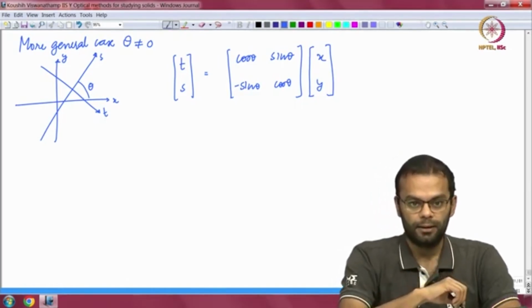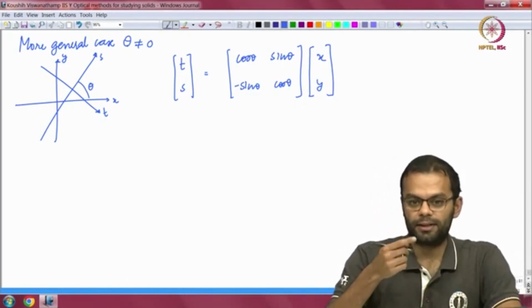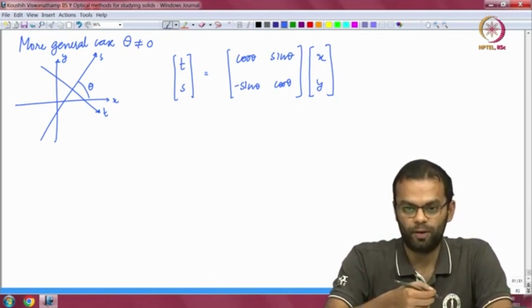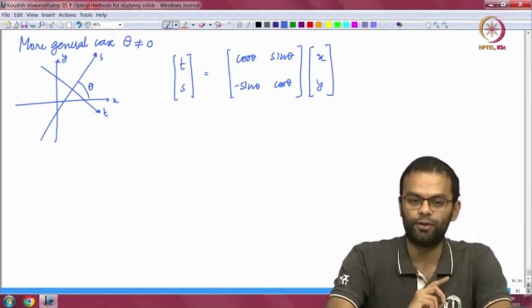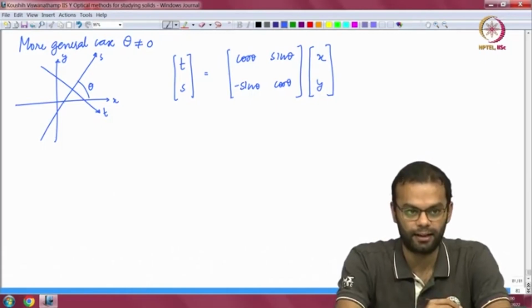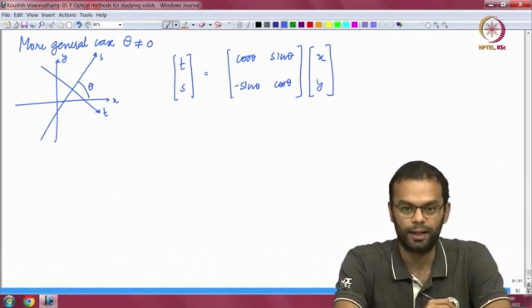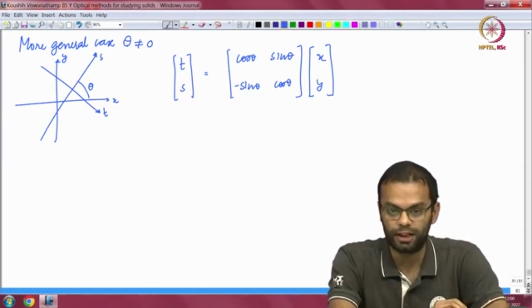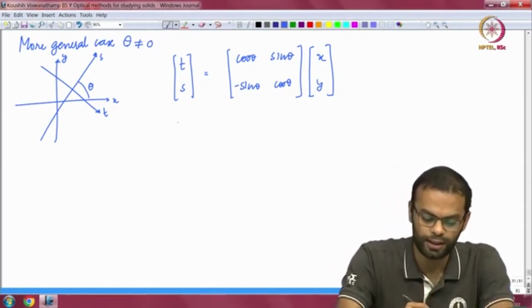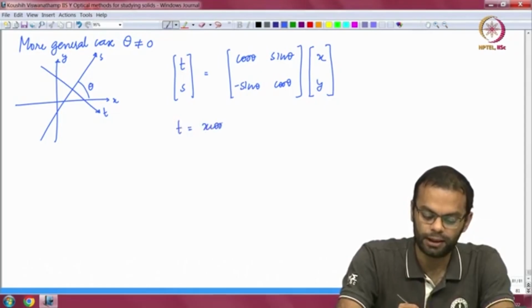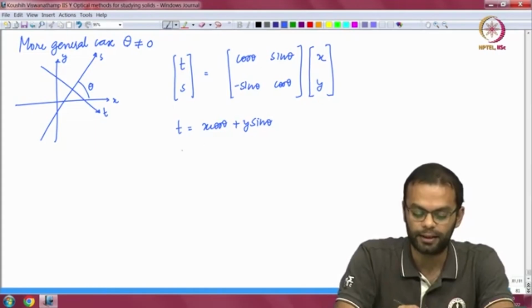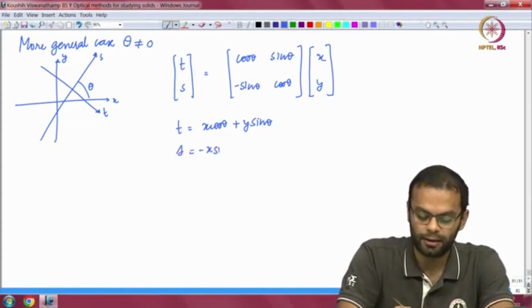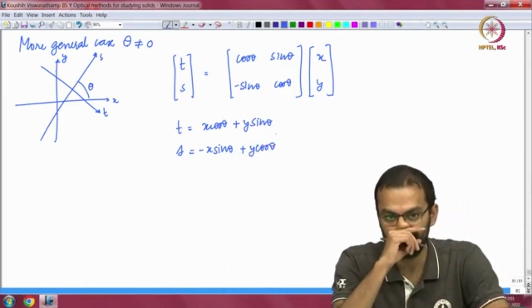Okay. Now, to establish the Fourier slice theorem, we will work it out, it is just simple algebra, but you have to remember that you have an orthonormal coordinate system t comma s, which is only a rotated version of the original x y coordinate system. So, your t is basically x cos theta plus y sin theta, and s is minus x sin theta plus y cos theta, right.